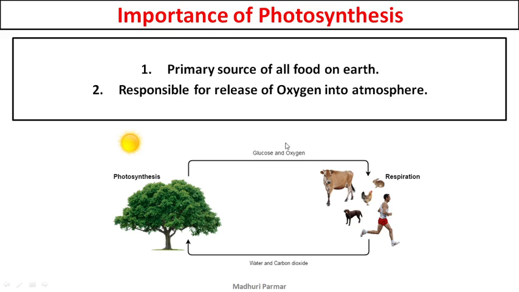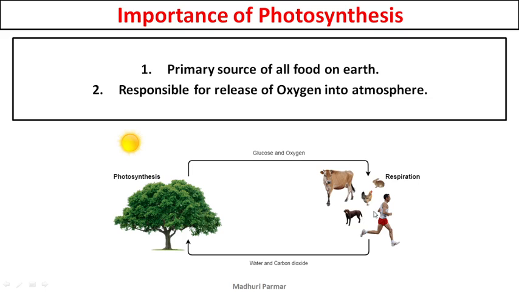Second, it also provides oxygen, releasing it into the atmosphere, which is required for respiration of this glucose. For food to be digested and absorbed and converted into energy, we require oxygen.